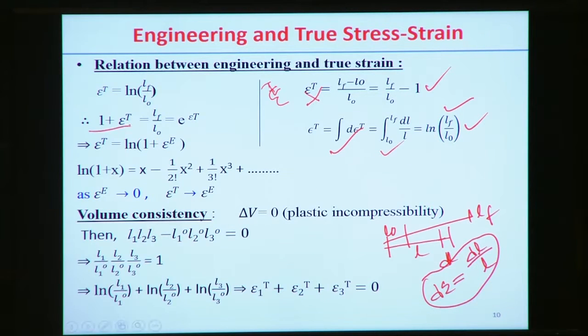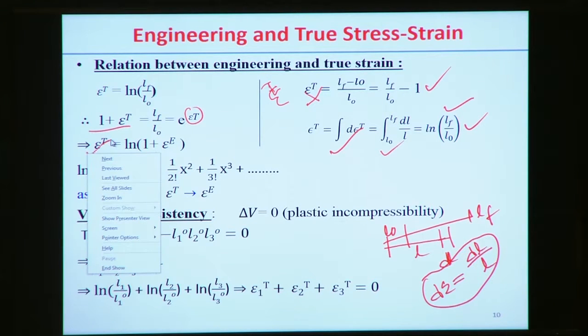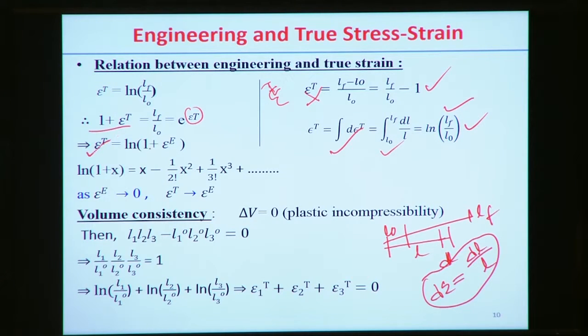So 1 plus engineering strain is equal to LF by L0, which is equal to the exponential of true strain. So finally it comes that true strain equals the logarithm of 1 plus engineering strain. This is the relation between the engineering strain and true strain.